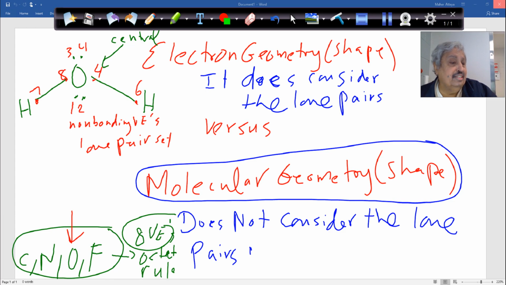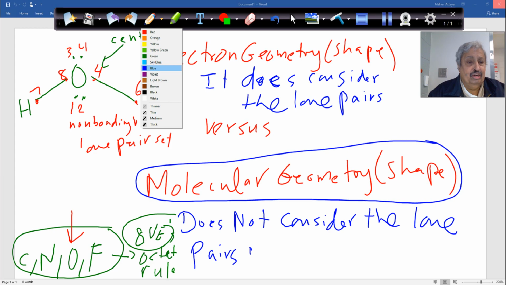Okay. Now, I look at the electron geometry. The electron geometry is telling us I have 4 units. Regardless of whether it is a double bond or triple bond, they call it a domain.